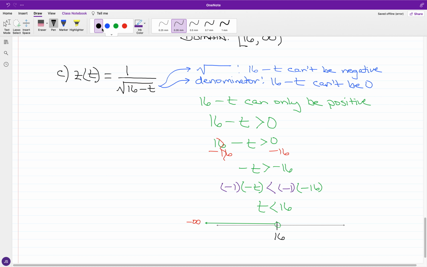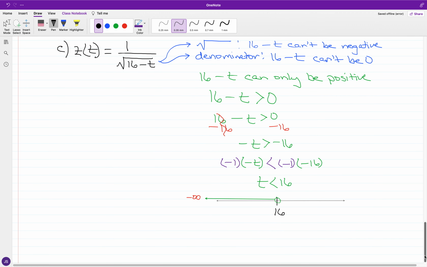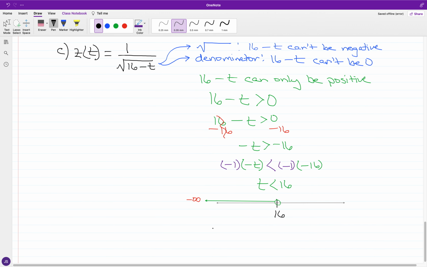And so for what is allowable for t, once again for the domain, we will have the set of all values t such that t is between negative infinity and, but not including, 16. So the result here is going to be an open interval.